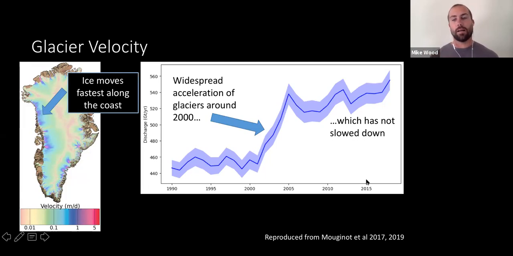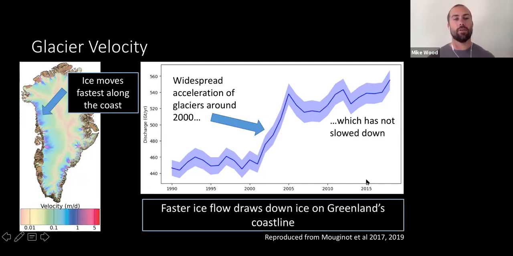But of course, we've seen independent verification of at least this stepwise behavior from Michaela King and Ken Mankoff, two separate studies that came out just in the past year. So it's this stepwise increase, this faster flow of ice on the periphery of the ice sheet that is helping to draw down a lot of that ice off the periphery.